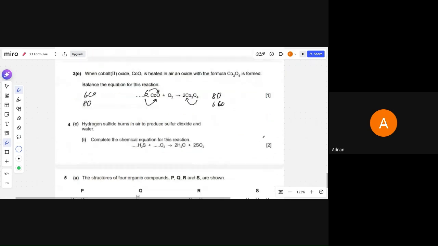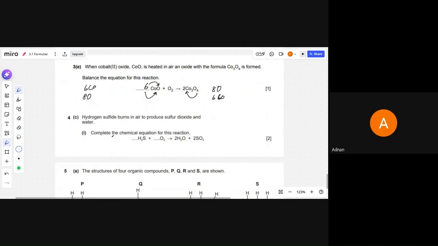And now we move on to the next one. Question number 4, complete the chemical equation for this reaction. Here, we can see that you have 4 hydrogens on the right side. So you just write 2 here to make 4 hydrogens here as well, right?